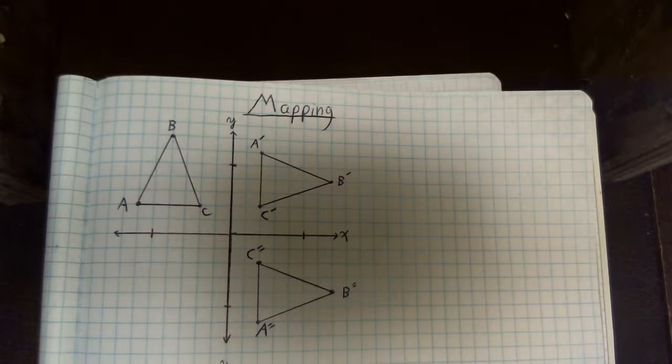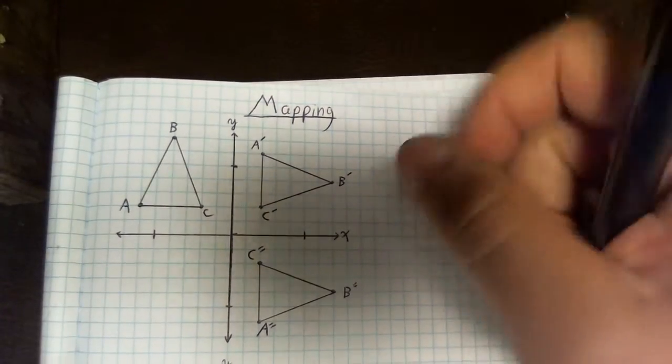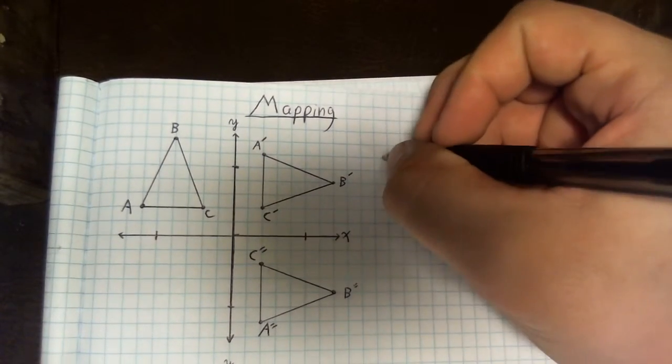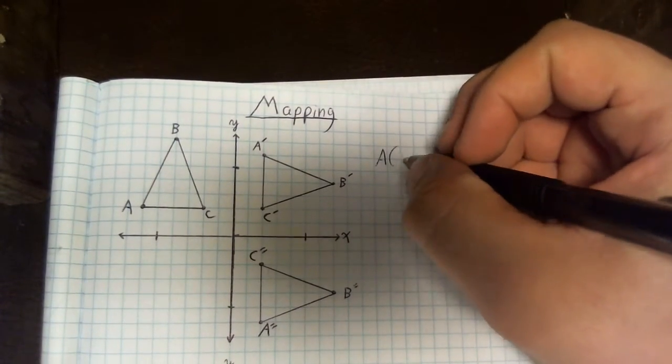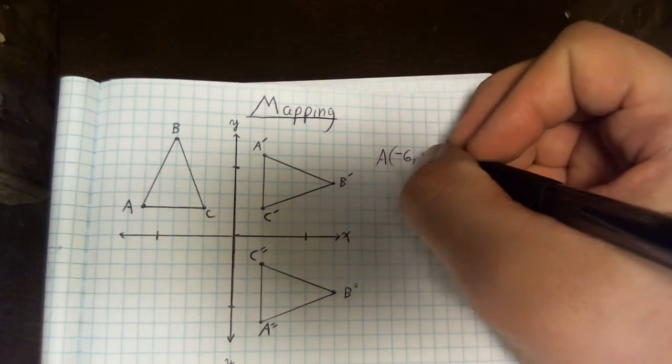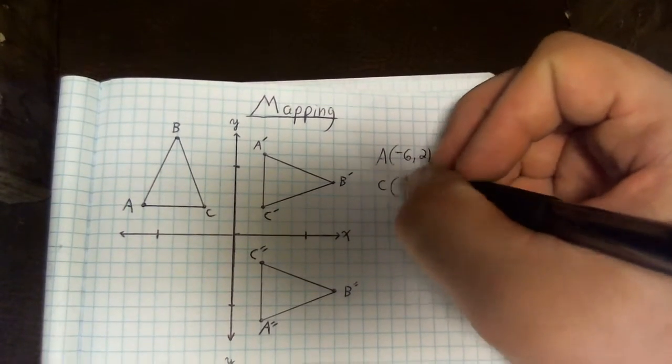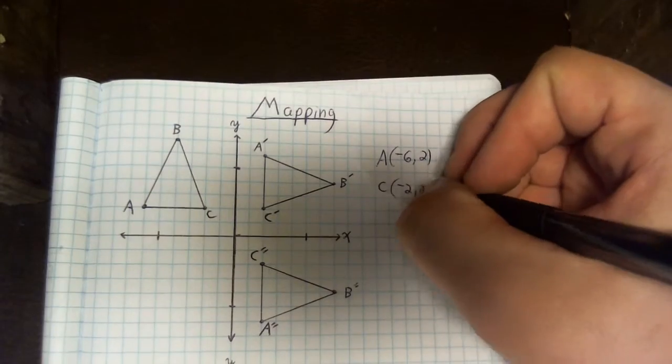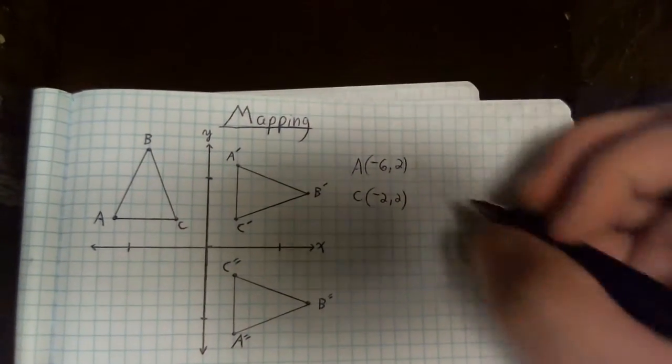Maybe we'll take a test point, maybe even 2. I'm going to just do A and C, because if A and C work, then B is probably going to just fall into place. So real quick, A is located at -6,2, and C is located at -2,2. And I'm just going to check to see if they land where we want them.